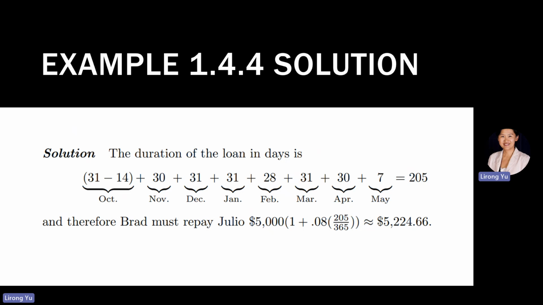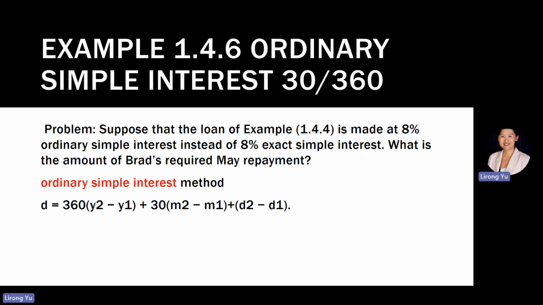The rest follows the standard simple interest formula, K times 1 plus s, the simple interest rate, multiplied by the time, and that is the actual repayment. Now, another way to do it is to calculate what people call the ordinary simple interest rate. I may have made a mistake.